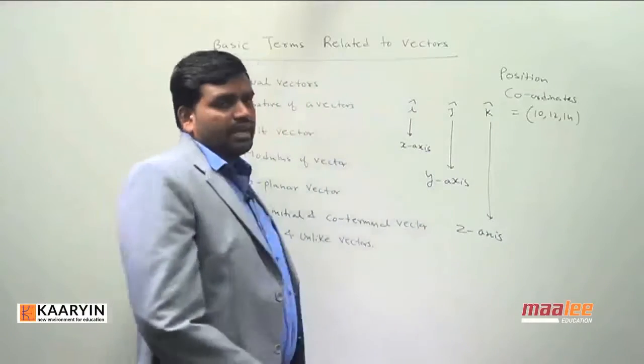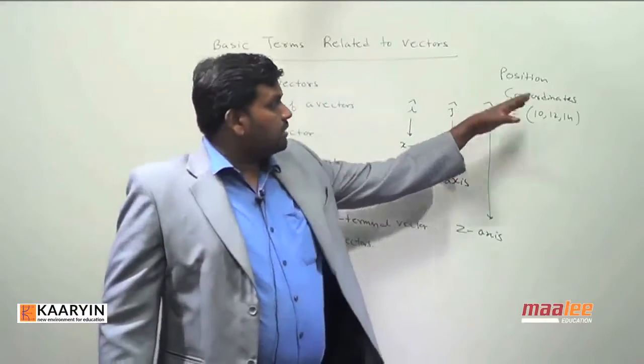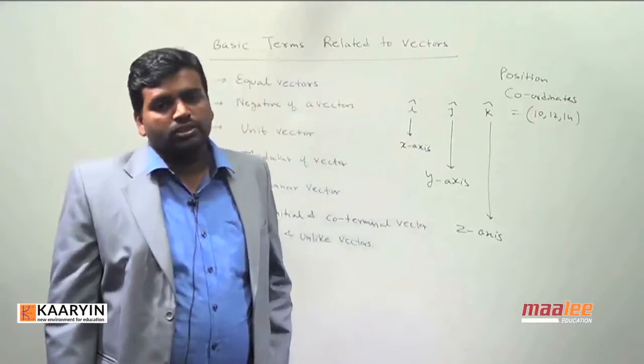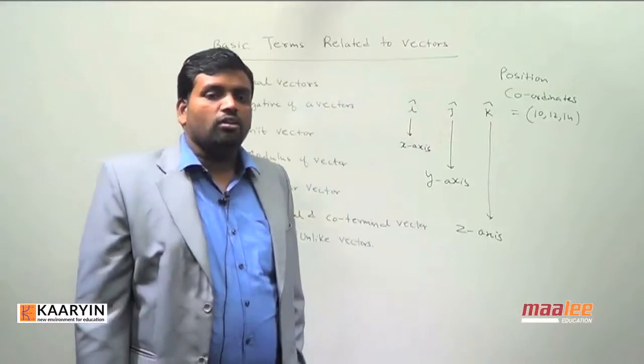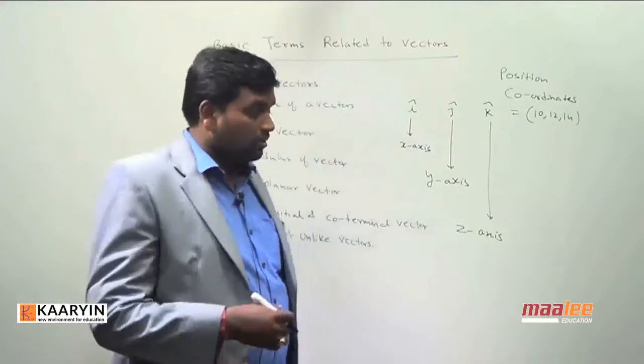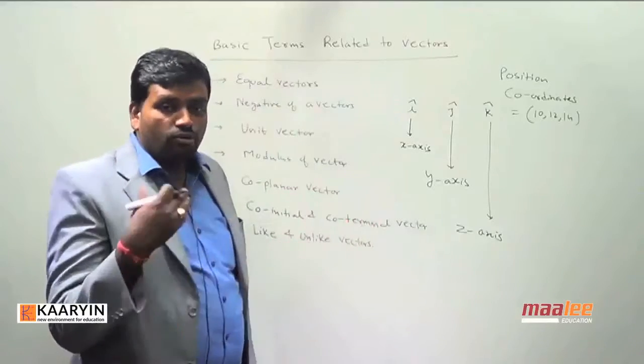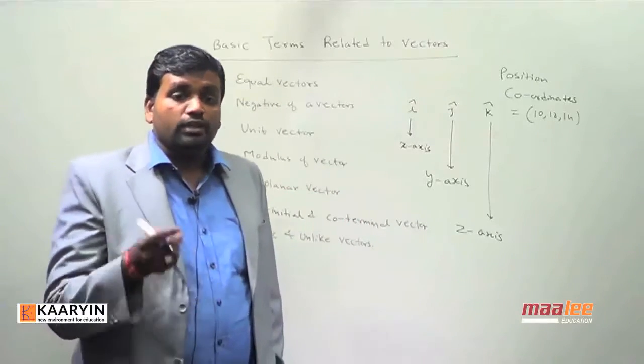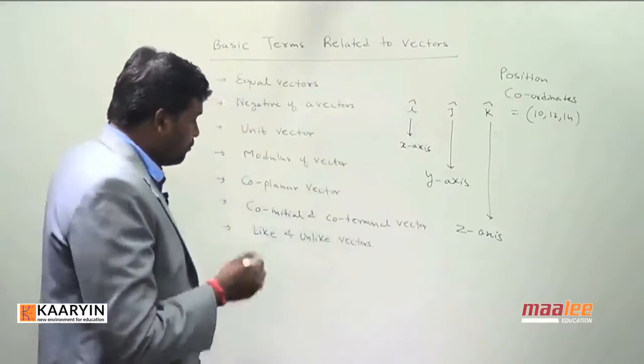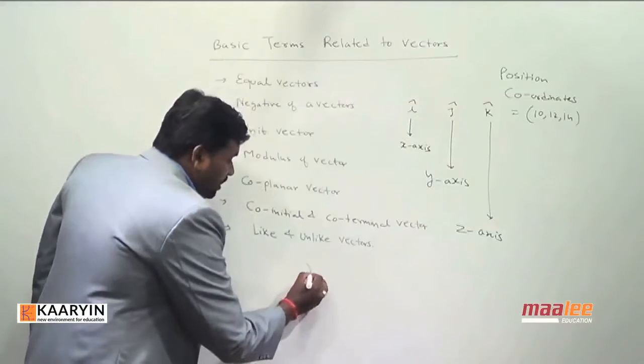So how to represent the position of that bird using vector? So what we will write, the position vector of the bird.